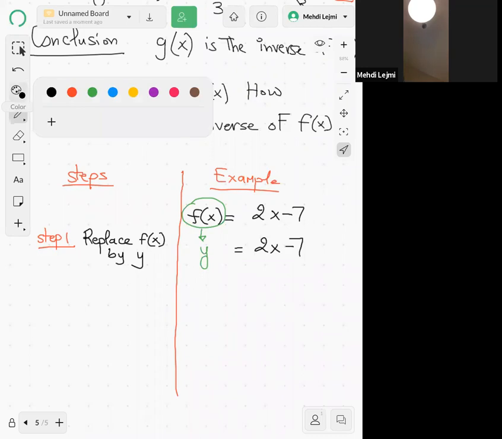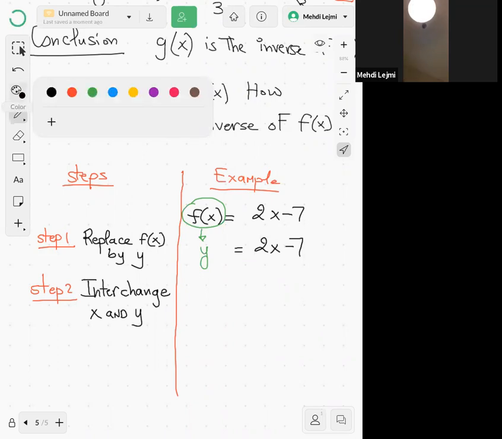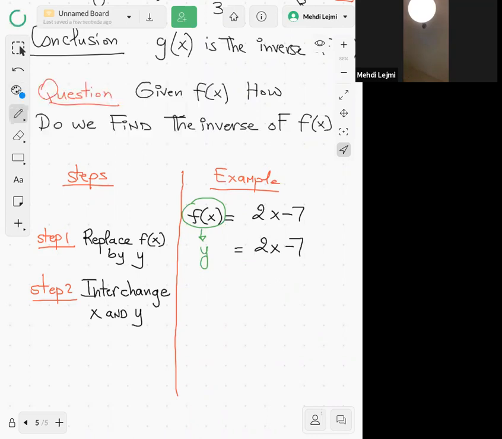Step number 2, I'm going to interchange x and y. What do I mean by interchange x and y? I mean y becomes x, so x equals 2, and x becomes y, so this becomes y minus 7.